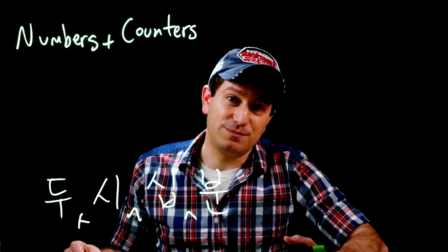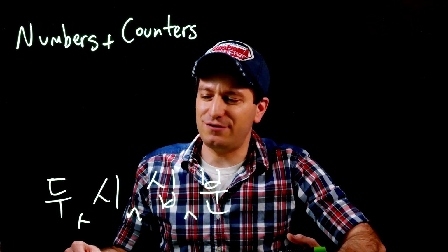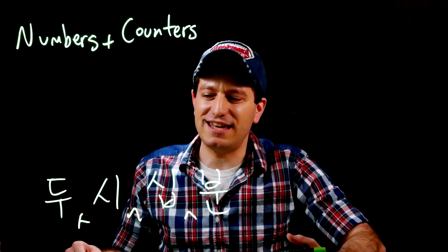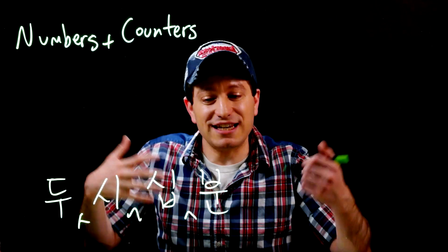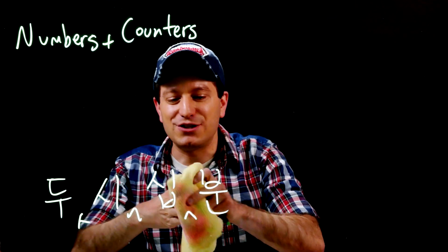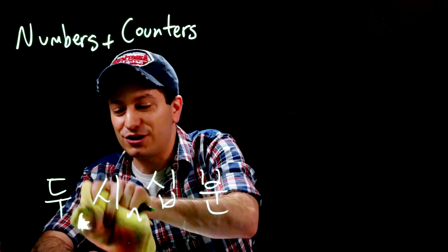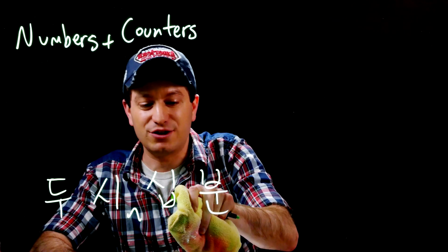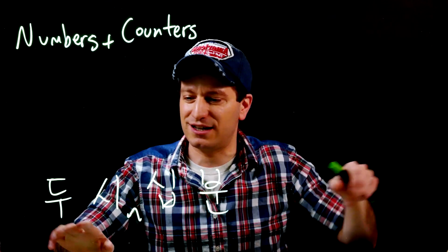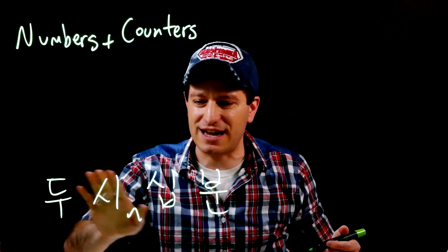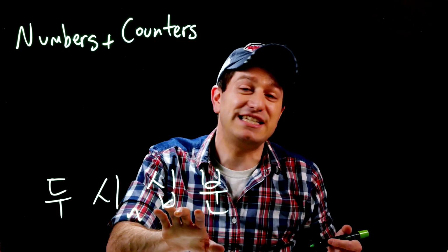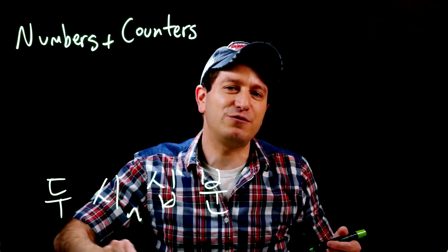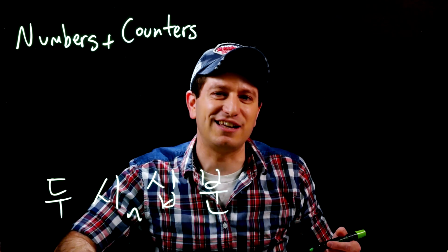Yeah, it looks weird. And in fact, it looks so weird that even the official rules say that although you're supposed to do this, it's perfectly acceptable to combine similar words together with numbers and their counters. So you can also just do this. 2시 as one word without a space here, 10분, 10 minutes. And this is perfectly acceptable. Please do it this way, it looks better.